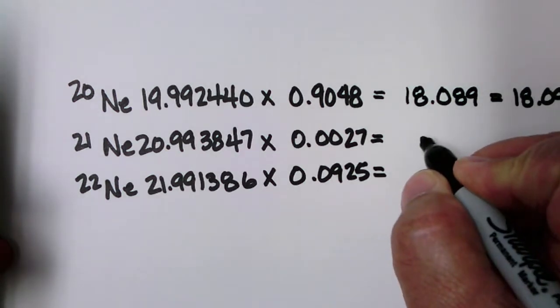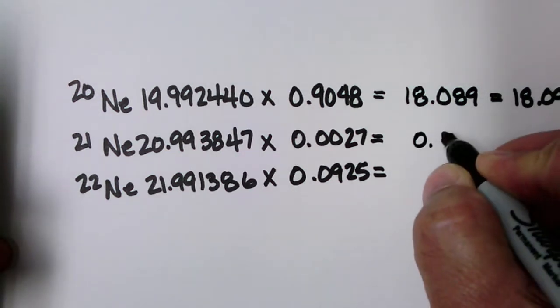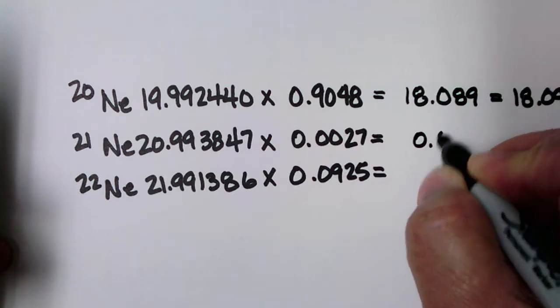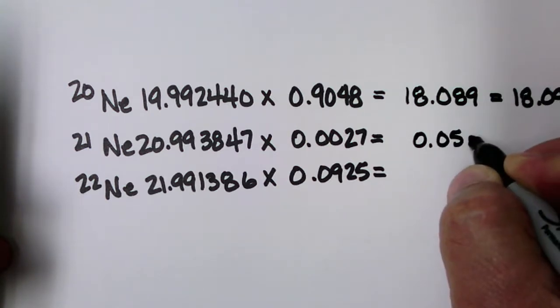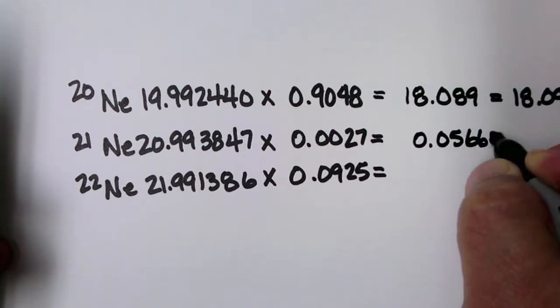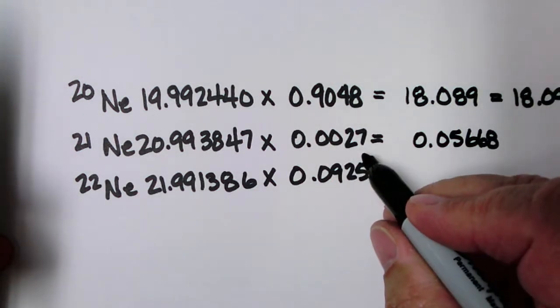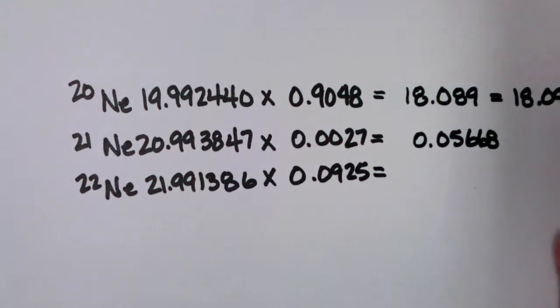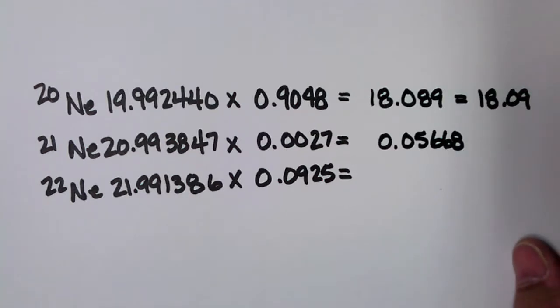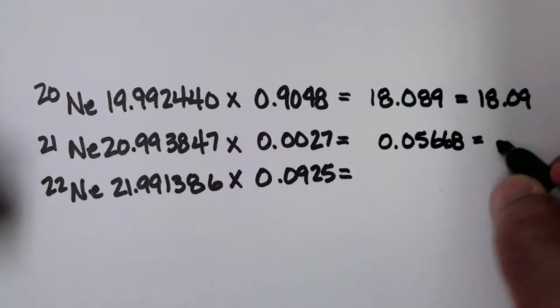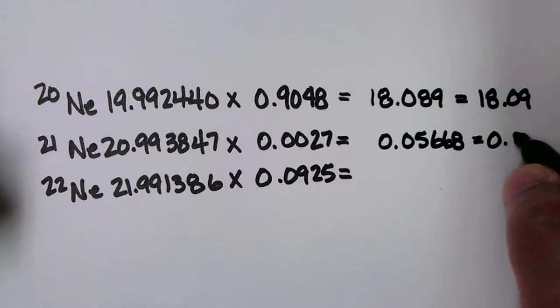This comes out to 0.05668. Actually, this only has 2 significant figures in it, so we need to round this to 2 significant figures. So we're going to get 0.057.